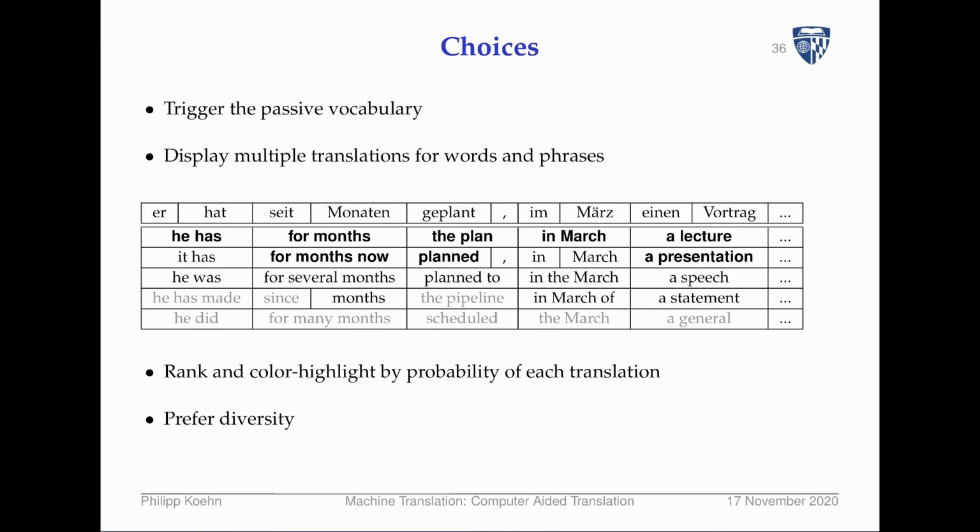Here we really just show them possible translations for words and phrases in the input sentence, just for the translator to look at. There's one version of a tool we built where the user can click on all these phrases and translate by a clicking user interface.